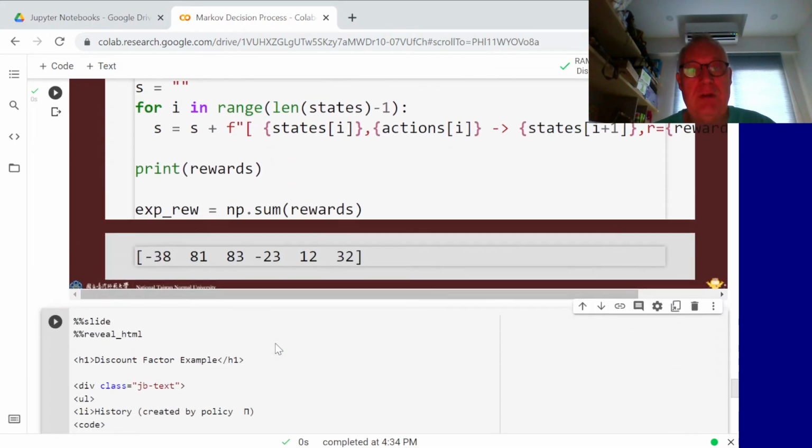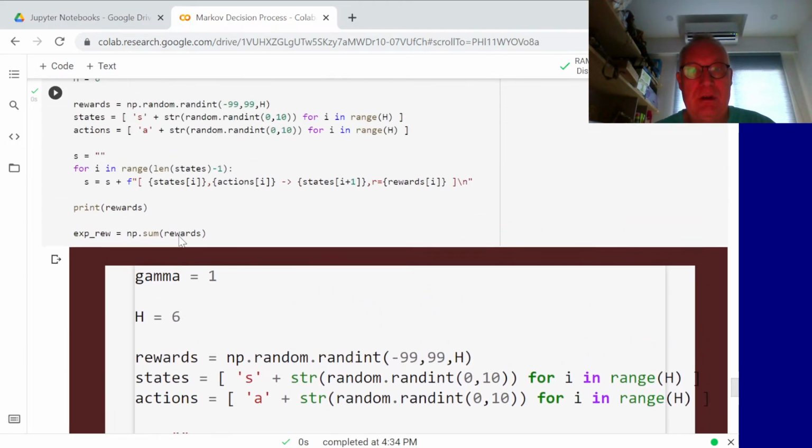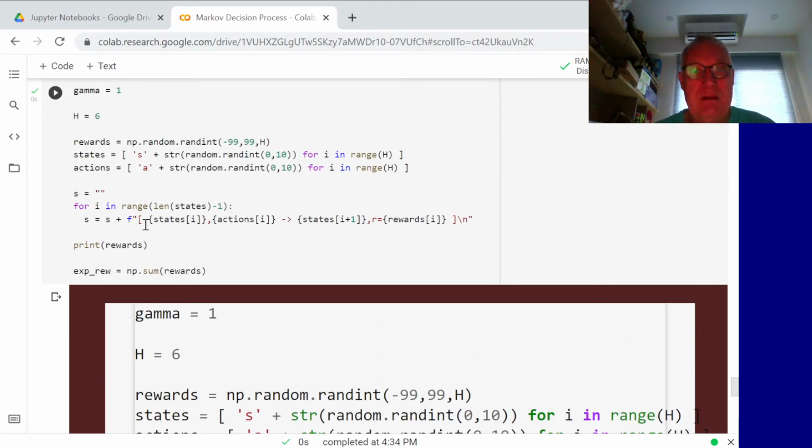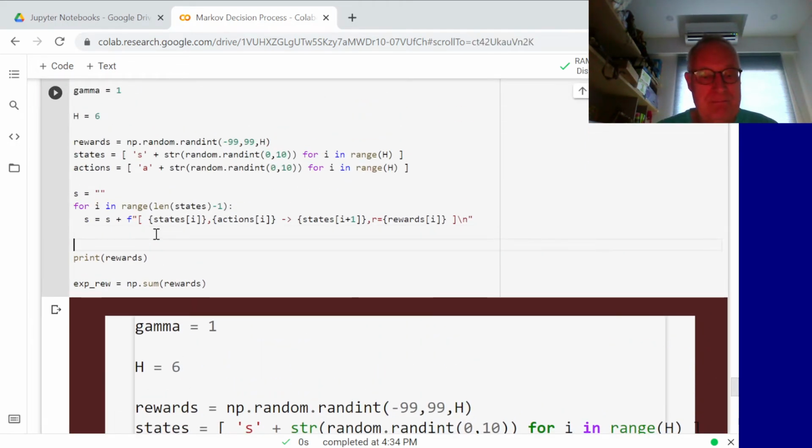So to debug my formula now, I'm just going to make the thing a little bit easier.